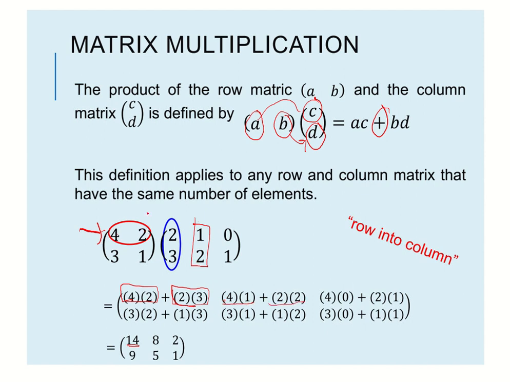After that, we sum this, so we have 4 plus 4, which is 8. After we complete the second column, we move to the third column. We repeat the same operation: 4 times 0 plus 2 times 1. So we have 0 plus 2, which is 2.